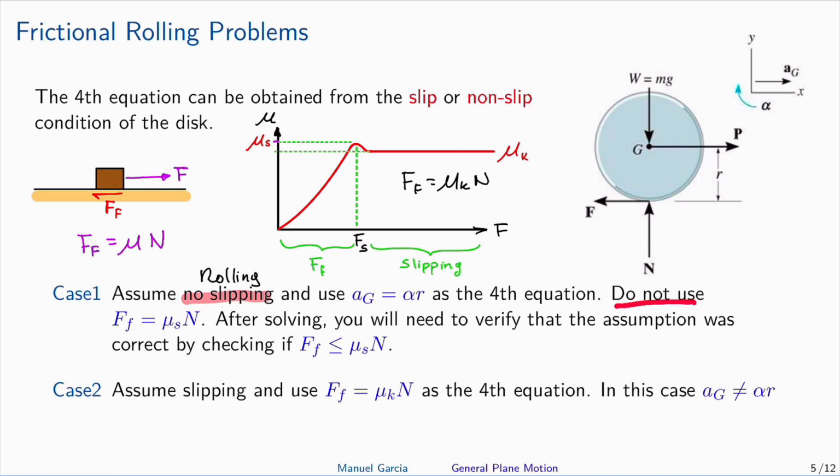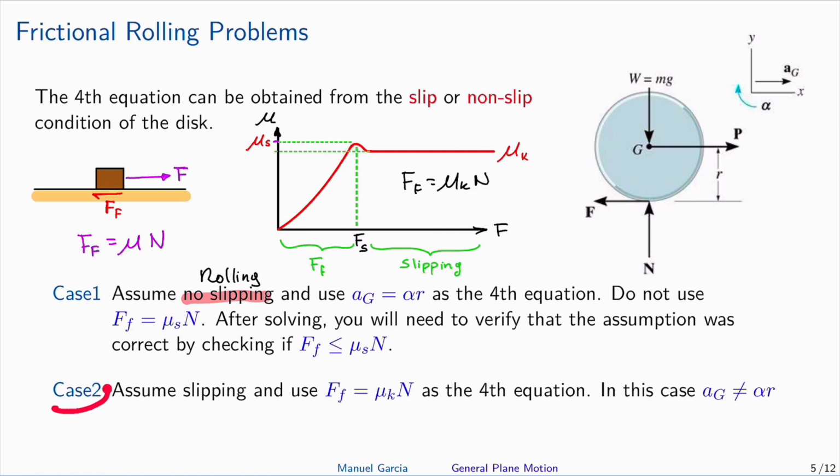Do not use the friction force equal to the static coefficient multiplied by the normal, because we could be in any of these situations. This is the maximum point before slipping. After solving, you need to verify the assumption that the friction force is less than this value, because that means we are in this range, so this is valid.